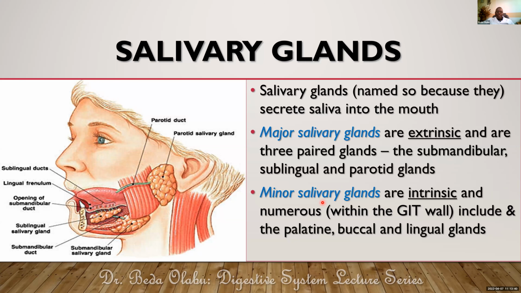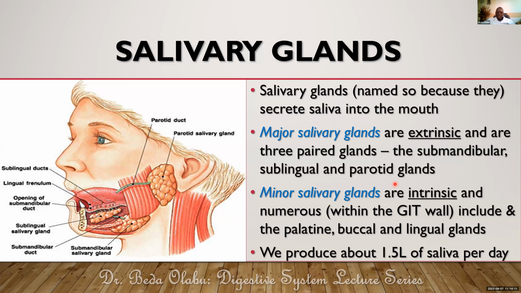So which structures in the mouth really house the minor salivary glands? There are those which are in the palate, we call them palatine glands. There are those which are on the cheeks, we call them buccal glands. And there are those ones which are within the tongue, we call them lingual glands. Those ones within the tongue are also called the glands of von Ebner.